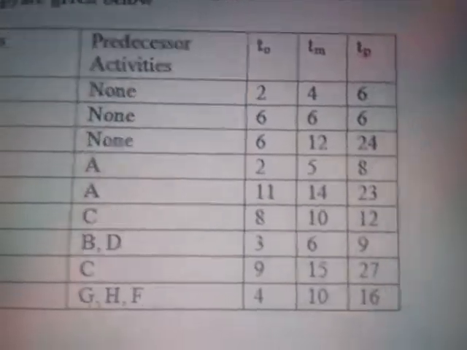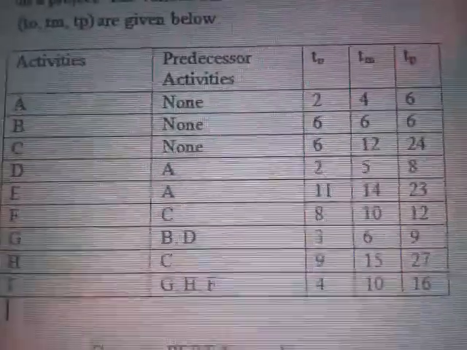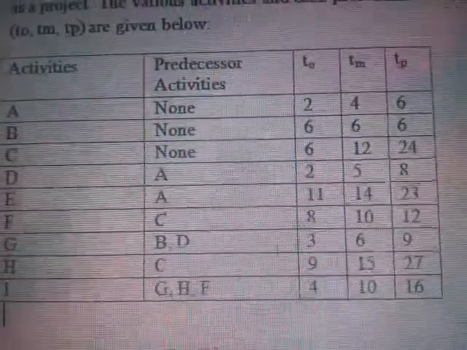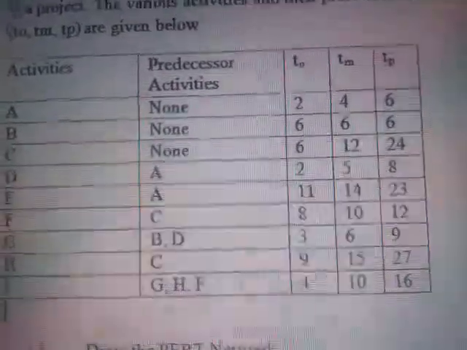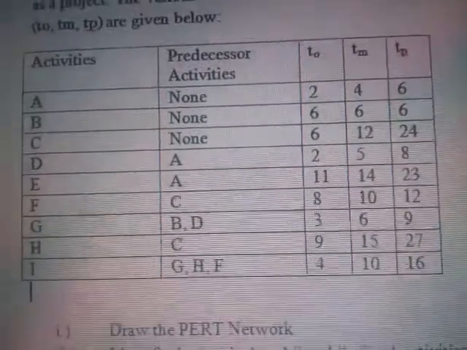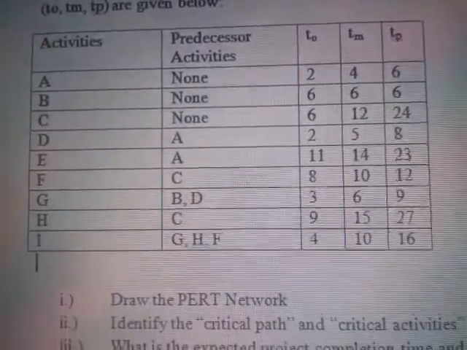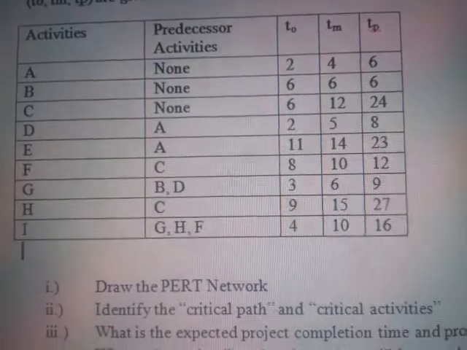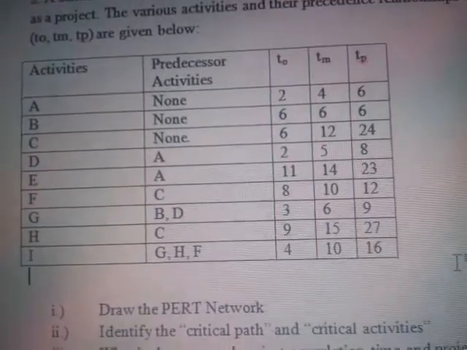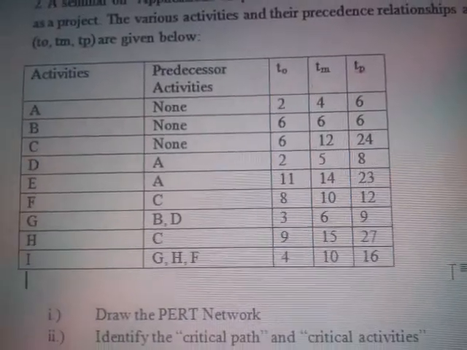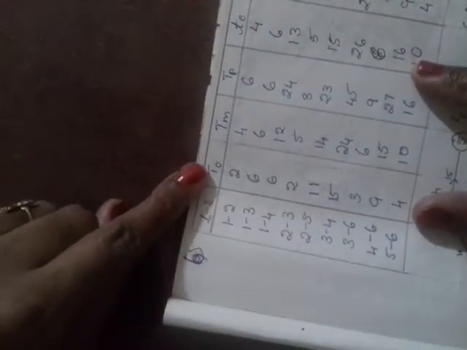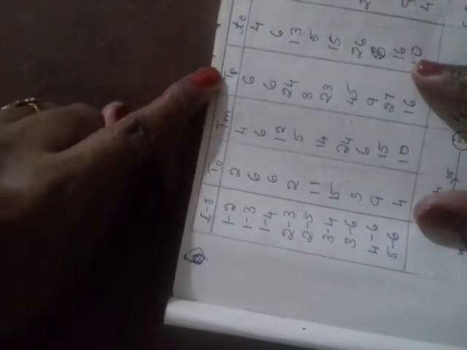So take down T naught, TM and TP, the 3 times given. Now you have to find out your TE, the expected duration, and the Dij value. Then we can find the critical path and critical activities, and how many days to complete the project, easily by using these 3 times. I have already written here the 3 times: optimistic, most likely and pessimistic time.